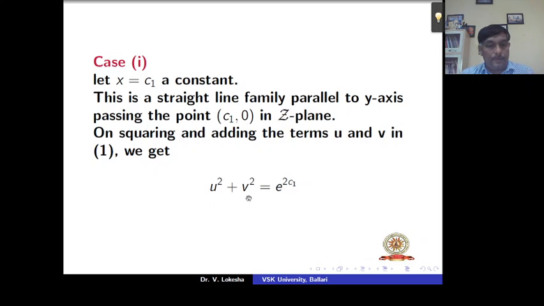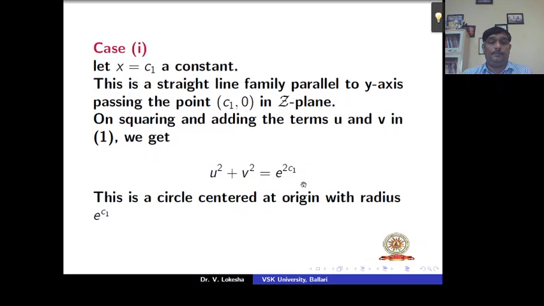Then u square plus v square is equal to e power 2c1. You can observe it is in the form x square plus y square is equal to a square, meaning it is a circle equation centered at the origin with radius equal to e power c1.